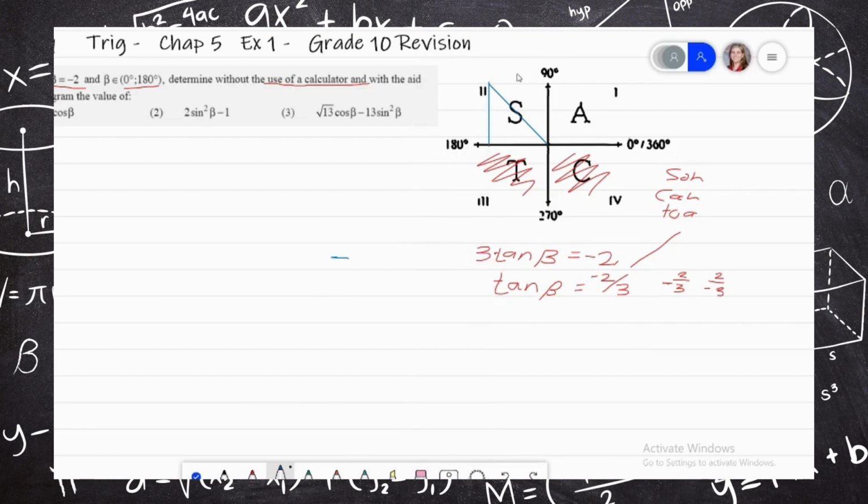If we look here, this is positive y and this is negative x. The reason why I told you it can be -2 over 3 or 2 over -3: the opposite side is on the positive y, which means this is going to be positive 2. This is the negative side of x, which means this will be -3. So that's how you know how to allocate your negative. Your negative doesn't necessarily belong to your numerator. It belongs to the whole fraction.